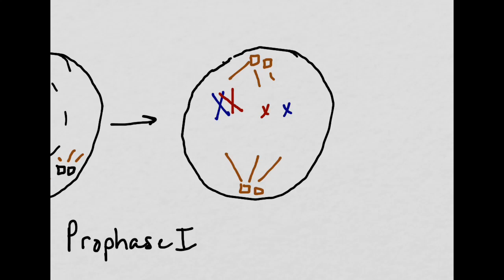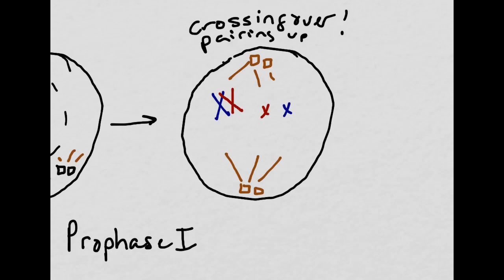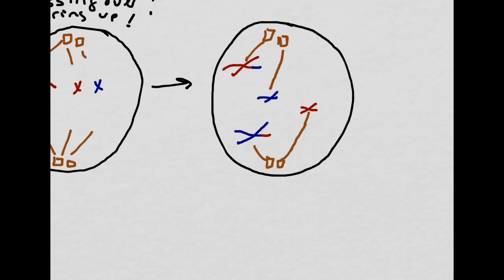So exchange chunks of their DNA during crossing over. Let's make sure and write crossing over here, because this is a very important part. Pairing up and crossing over.